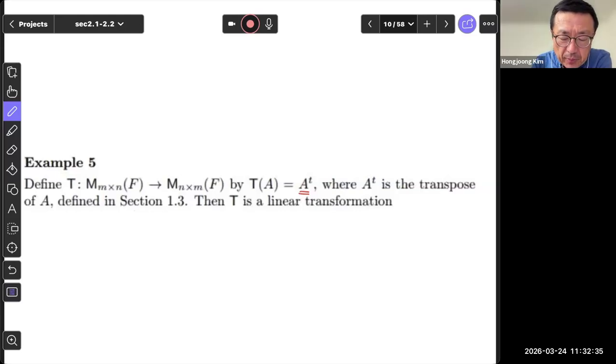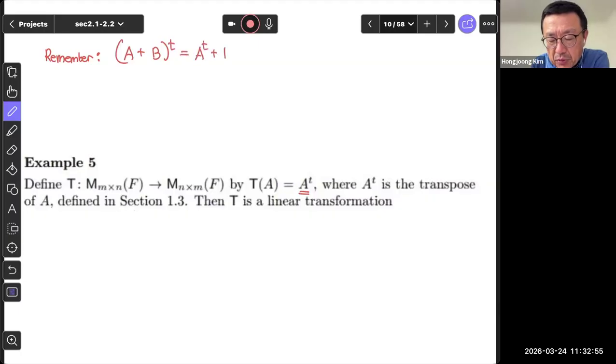So please remember that given A and B with the same size, the same m by n matrix, the transpose of A plus B will be the sum of their transposes, and the transpose of C times A will be C times A transpose.